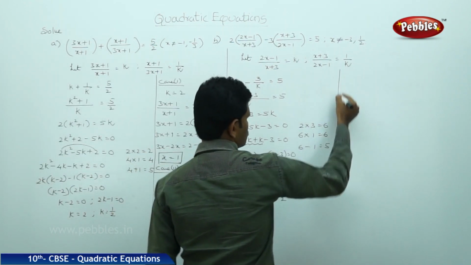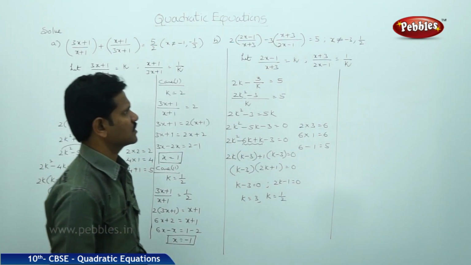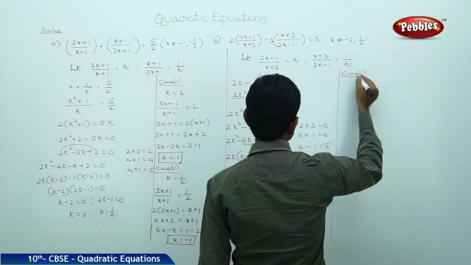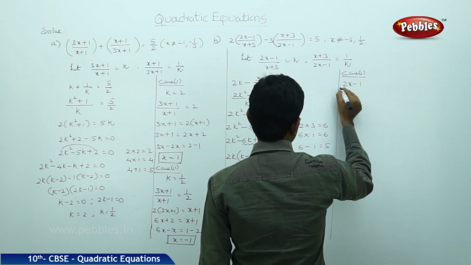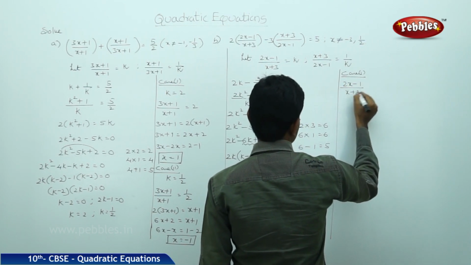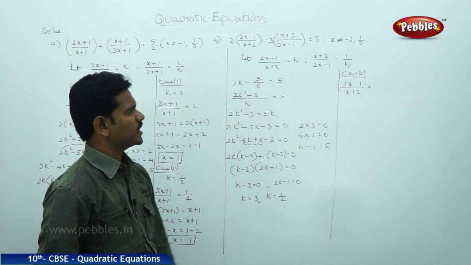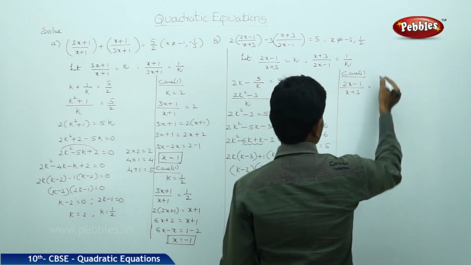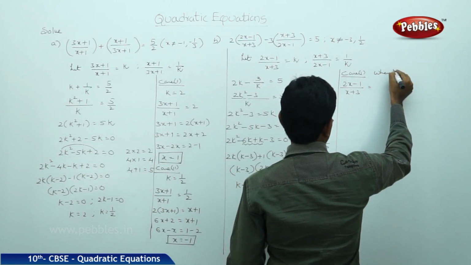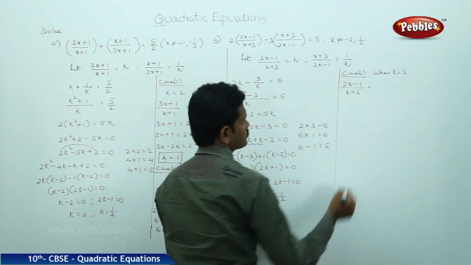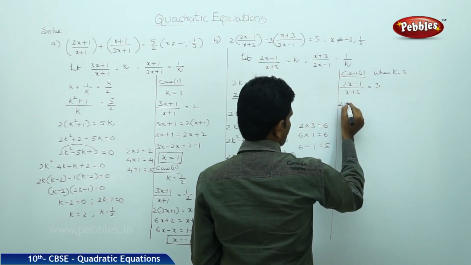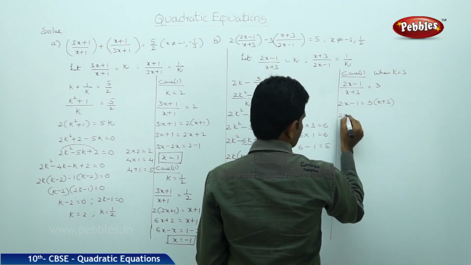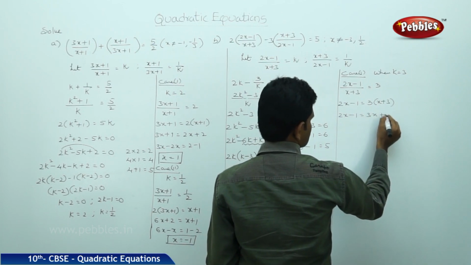Now substitute these values in the previous equation, that is case 1. (2x - 1)/(x + 3) = k, and when k is equal to 3, cross multiply: 2x - 1 = 3(x + 3), so 2x - 1 = 3x + 9.